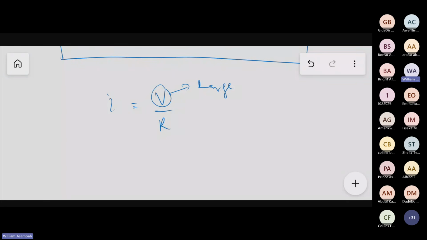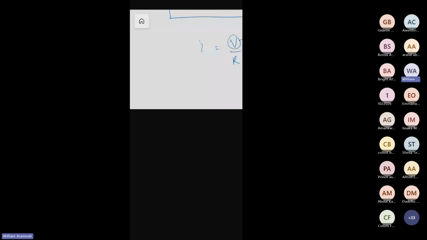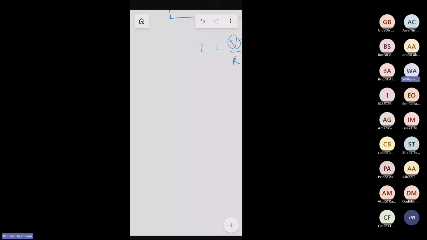If the resistance of the charging path is small, then what happens? If the resistance is small, will the current be small?